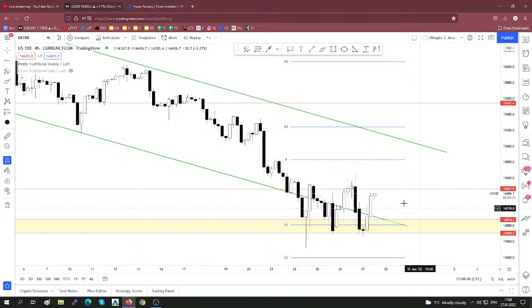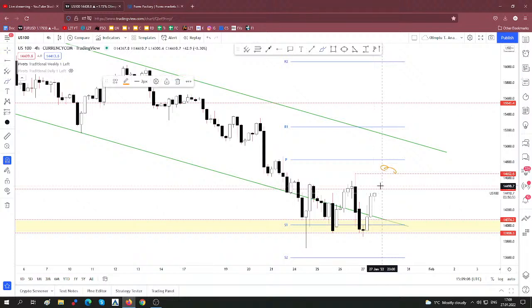And I'm still thinking here, unfortunately I have this candle here. It's too late, guys, maybe to buy it only from above this level, because here I don't want to buy it because I have this resistance. So maybe I'm still waiting for something.